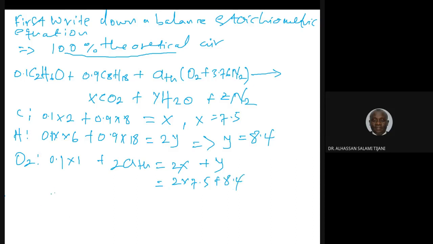So carefully, the theoretical amount of air equals 11.65.